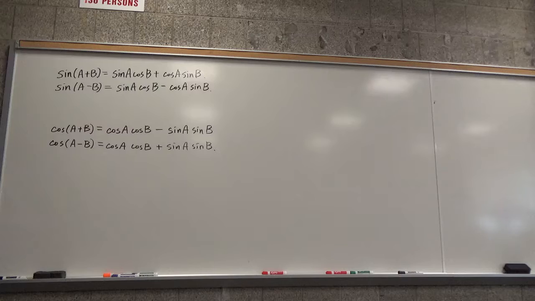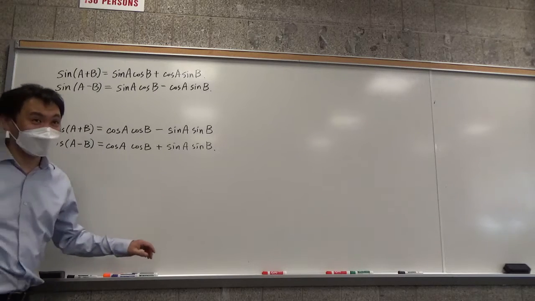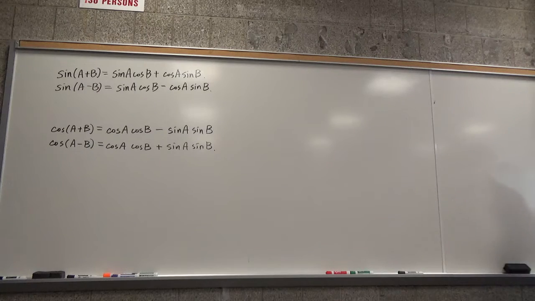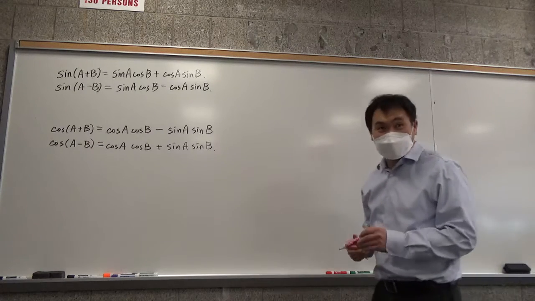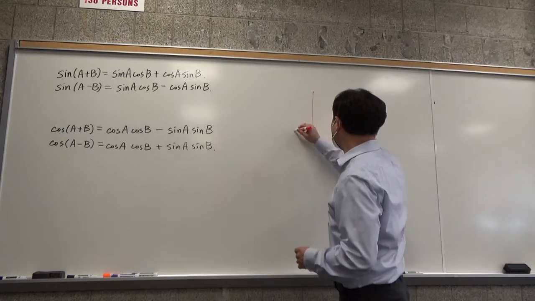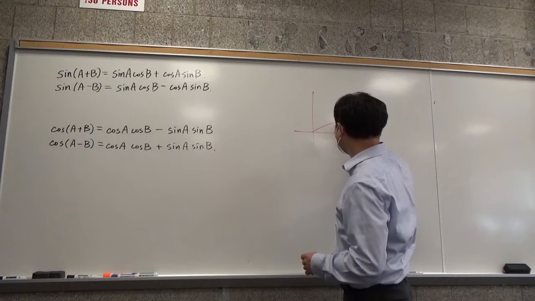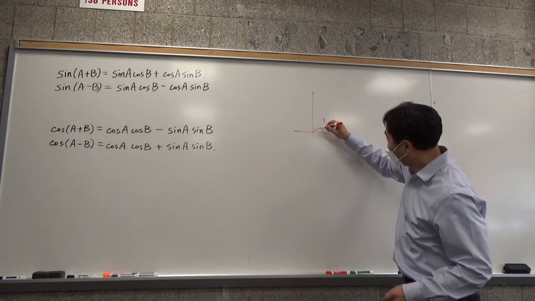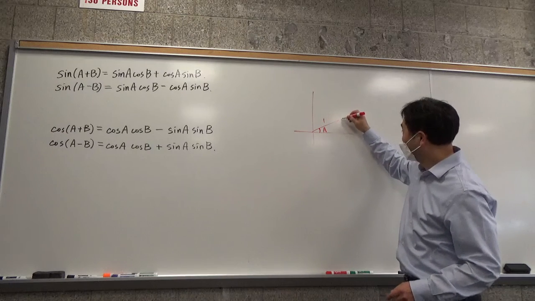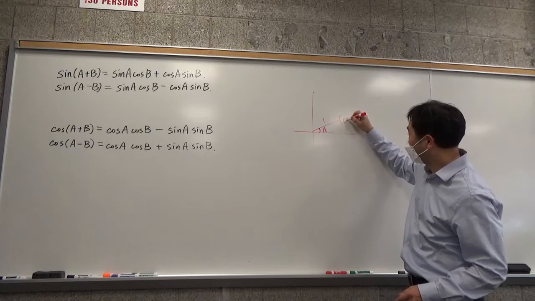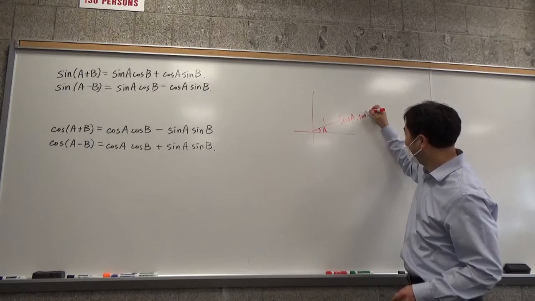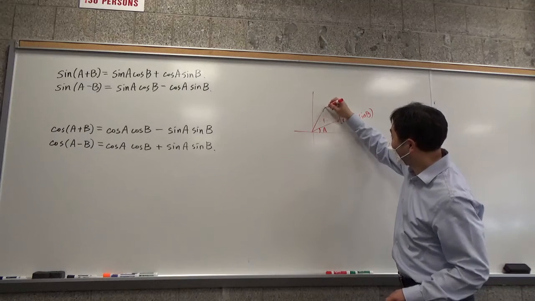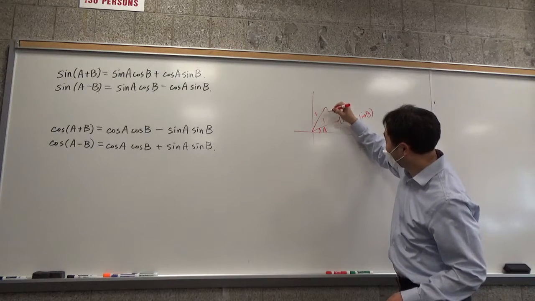How do you prove it, though? Well, one way is to use geometry. You can start by taking this size 1, and then you have this point angle A, so that this point is cosine A comma sine A. And then you can take another point on the unit circle.